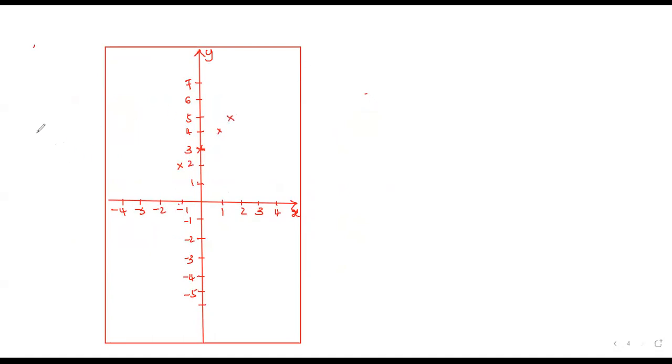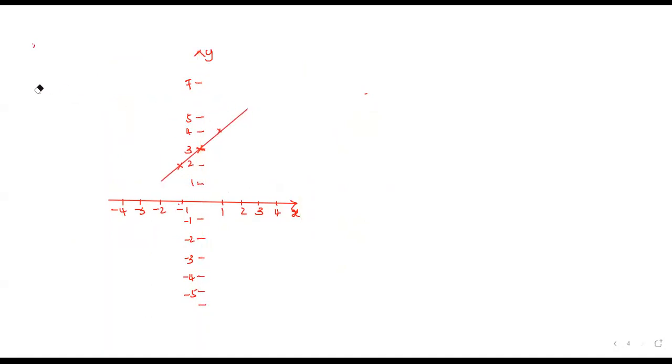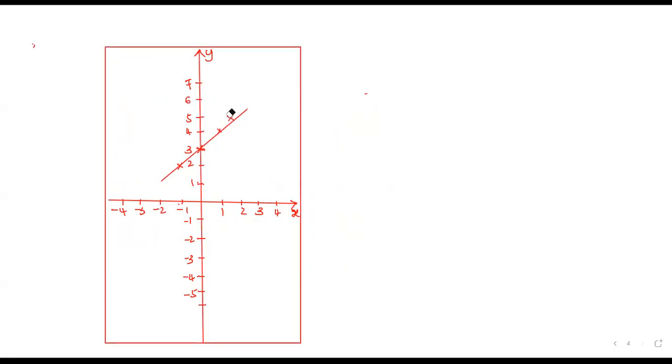So then what you do, I don't get that kind of accurate one as I didn't use the scale properly. We'll try. 2, 5, right? And this is the line you had.